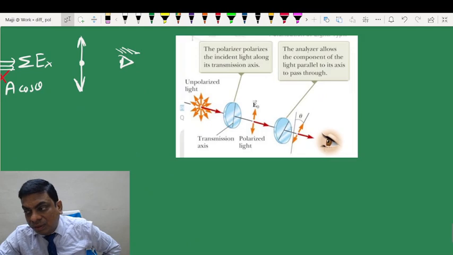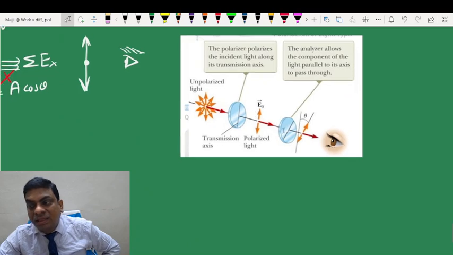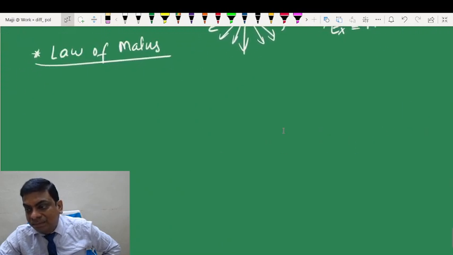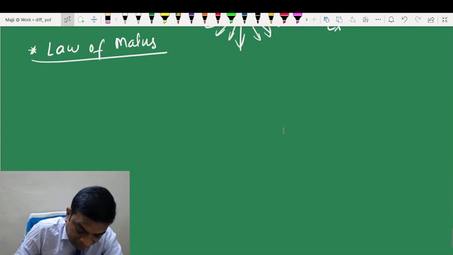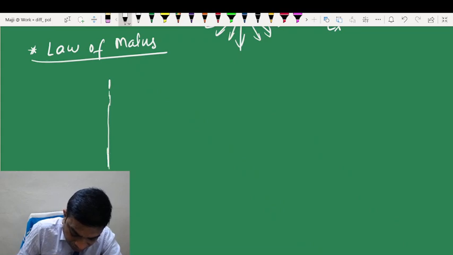So the relationship between this intensity which is observed finally and the intensity which is made incident, that is what is the law of Malus. So the law of Malus states that suppose you have one of the pass axes like this. This is the polarizer.